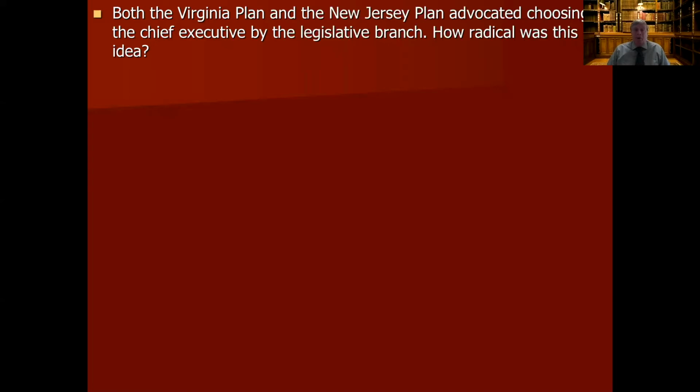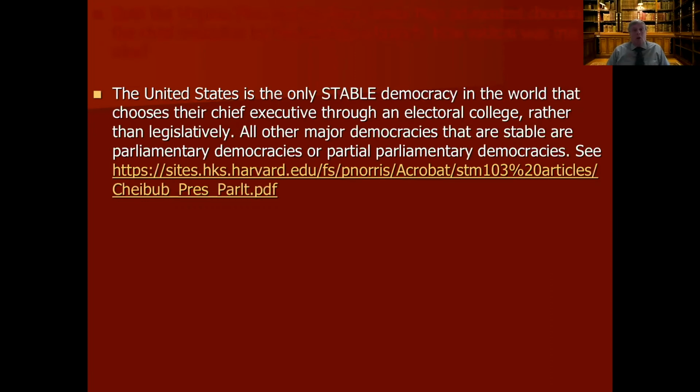In all parliamentary democracies, the chief executive is chosen by the legislative branch. And so this was not a radical proposal at all. In fact, the United States is the only stable democracy in the world that chooses its chief executive through an electoral college rather than through the legislature. All other major democracies that are stable are parliamentary democracies or partial parliamentary democracies.